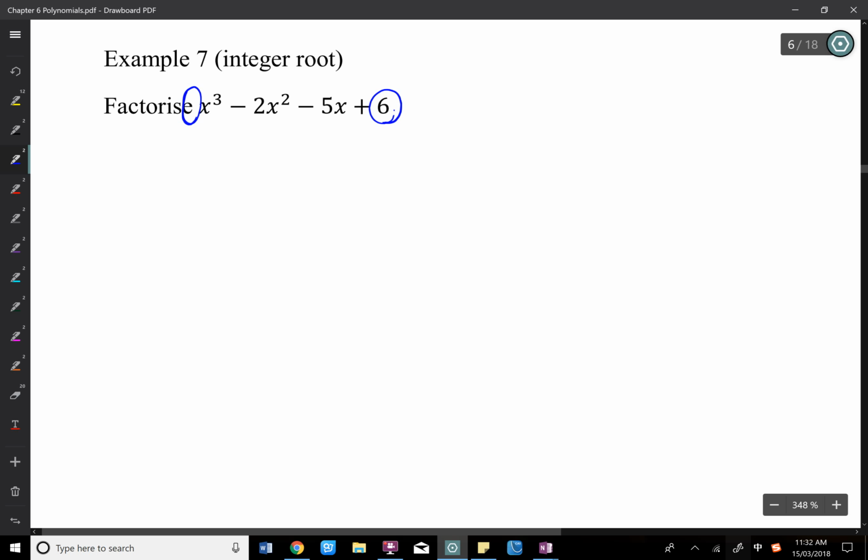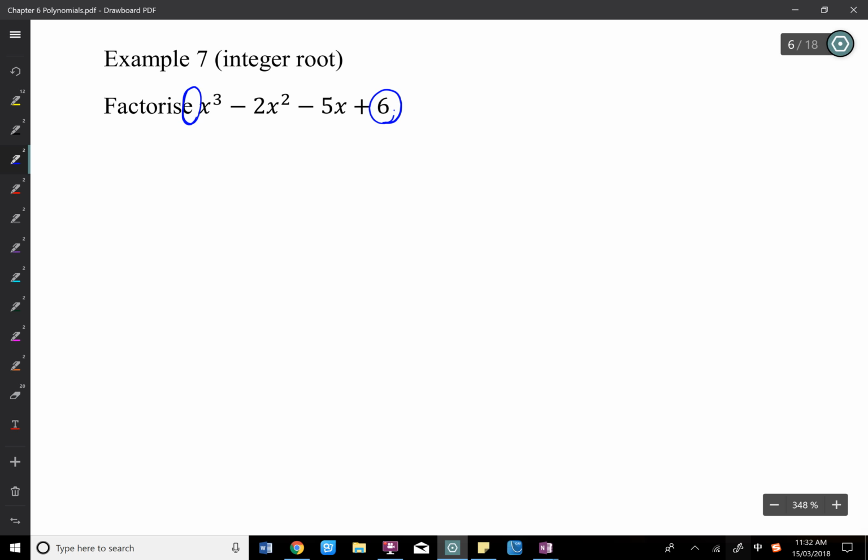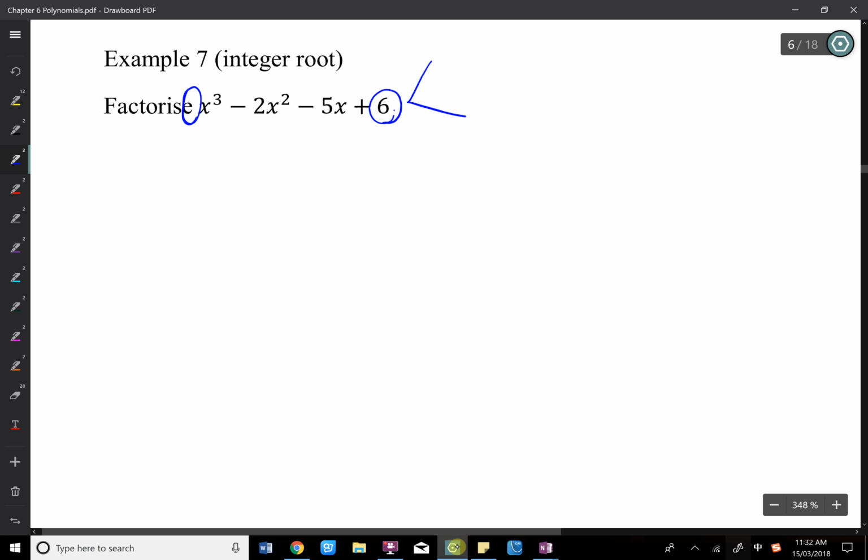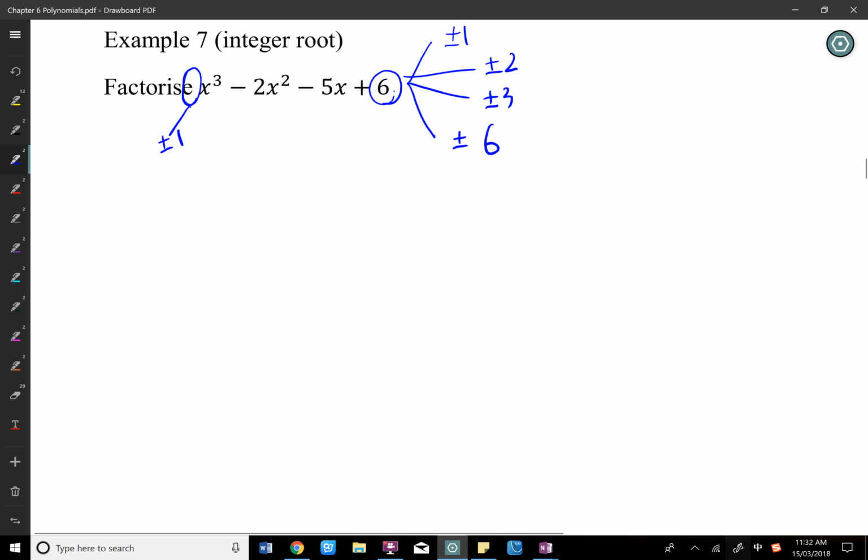We look at two places: the leading term's coefficient, which is 1, and then the constant, where we find its factors. The constant has plus or minus 1, plus or minus 2, plus or minus 3, and plus or minus 6. Since the coefficient is 1, we just have plus or minus 1. So we have the positive or negative.